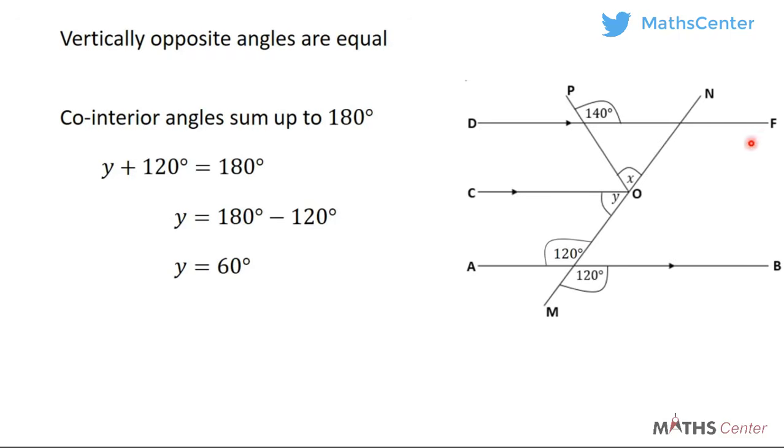So you see that I wanted to find y, but in order to find y, I wanted to use the property of co-interior angles. Looking at this and this, I saw that 120 degrees is vertically opposite to this. So if I bring it here, I can say that co-interior angles add up to 180 degrees. So y plus 120 degrees will give me 180 degrees.